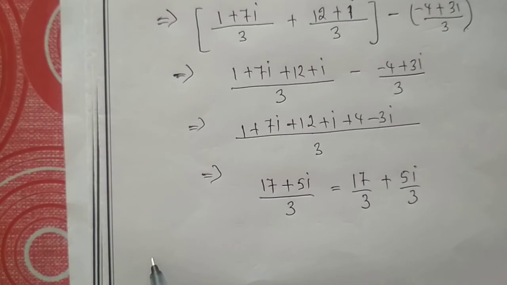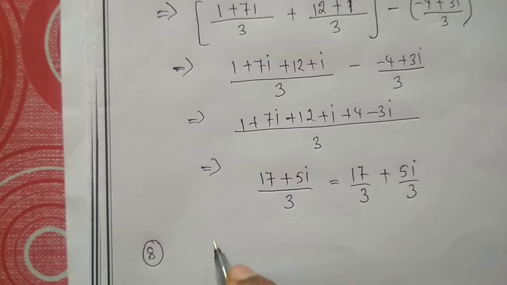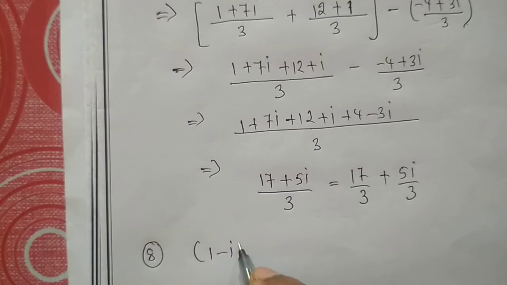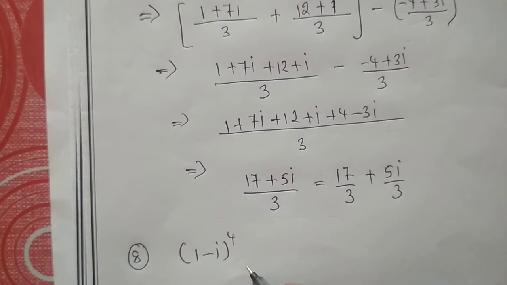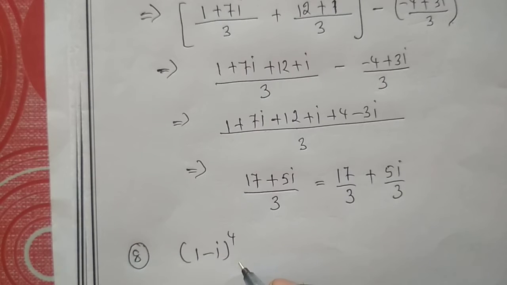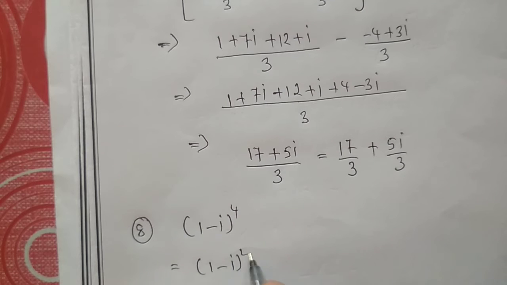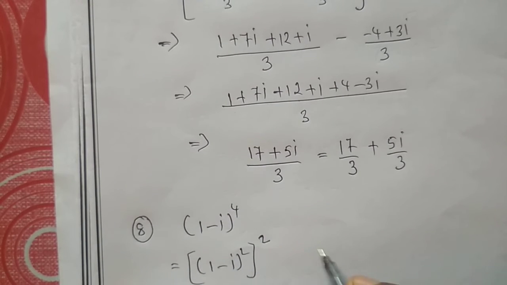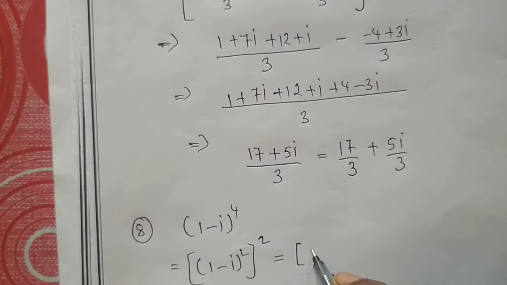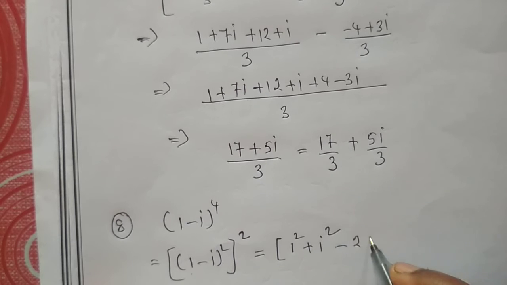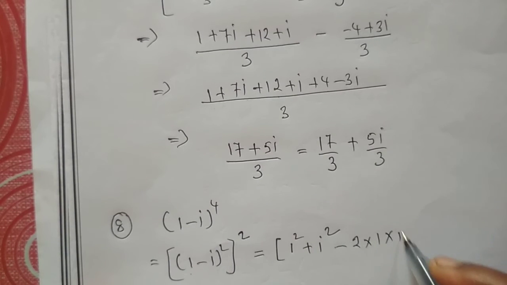Now we are going to the 8th question, that is (1 minus i) whole power 4. We can write (1 minus i) whole power 4 as ((1 minus i) whole square) whole square. (1 minus i) whole square is a minus b whole square, that equals 1 square plus i square minus 2 into 1 into i.